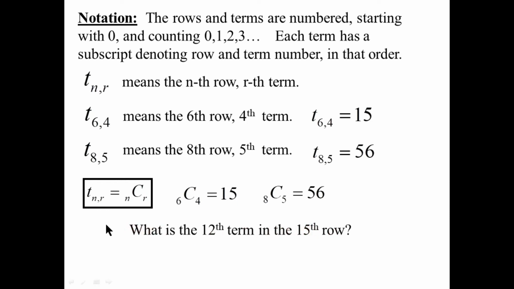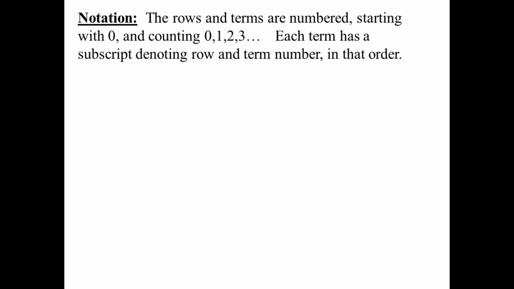So 15C12 on a calculator should get you 455. If you don't get 455, well, then you need to find out how to use your calculator because 15C12 is 455.